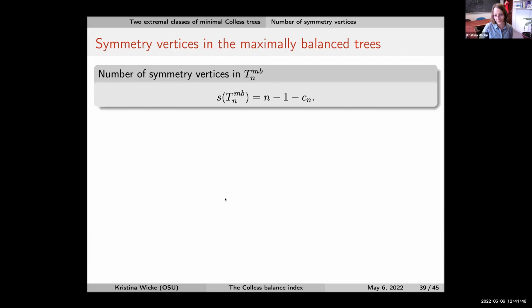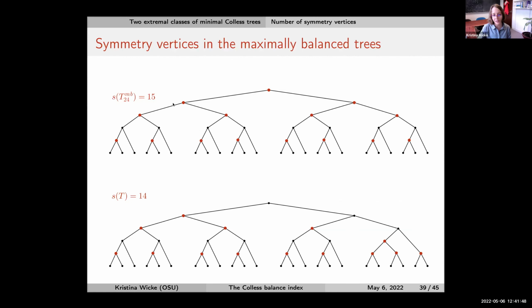So here's an example. On 24 leaves, the maximally balanced tree has 15 symmetry vertices. And this tree here is also minimal Colless and only has 14 symmetry vertices. And so this is in fact the smallest counterexample to this conjecture, the first time the maximally balanced tree does not have the least number of symmetry vertices.